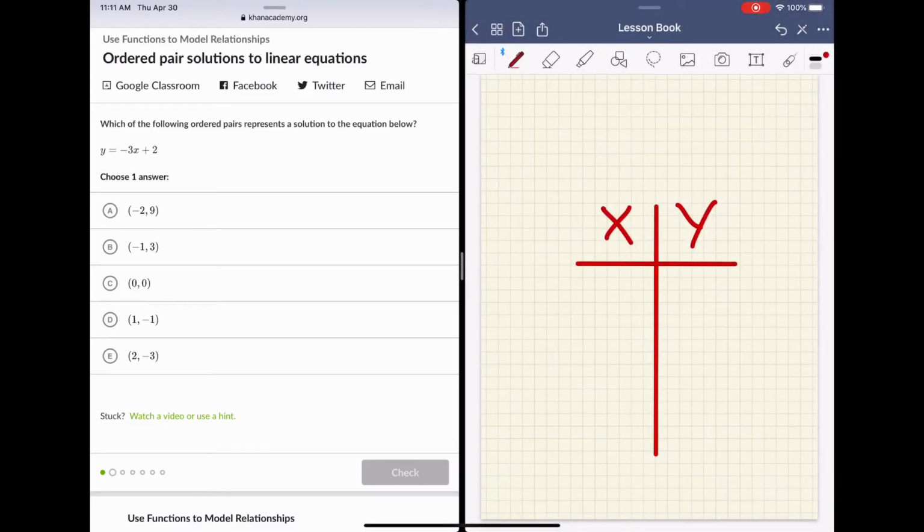that we're given here, remember a point is written as an xy value, so we have (-2, 9), and what we're asking ourselves is if we plug negative 2 as the x into the equation y equals negative 3x plus 2, will we get a 9 for the y value? Okay, so we can try it with all these equations, but let's write down all of our points first here.